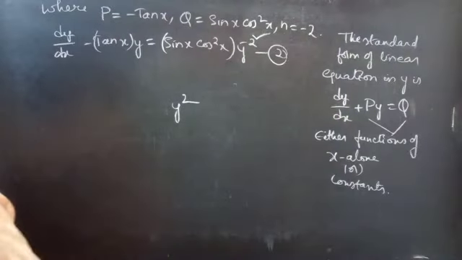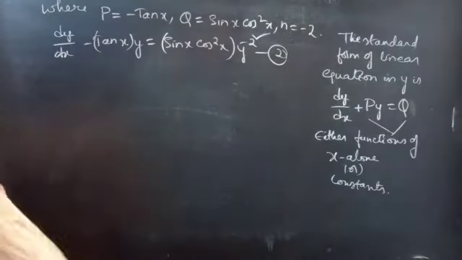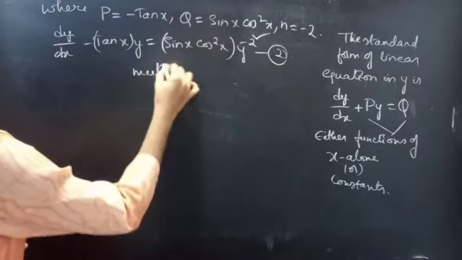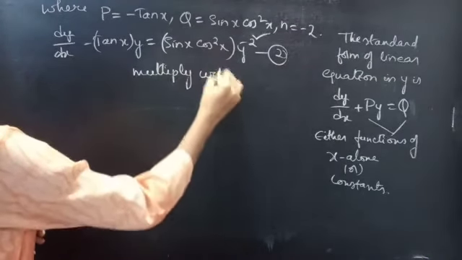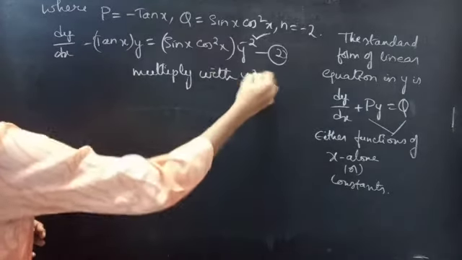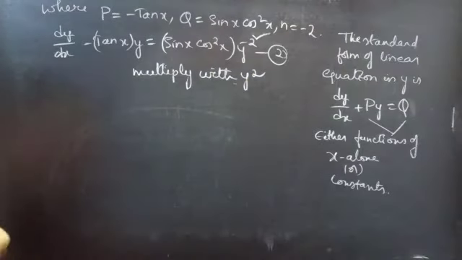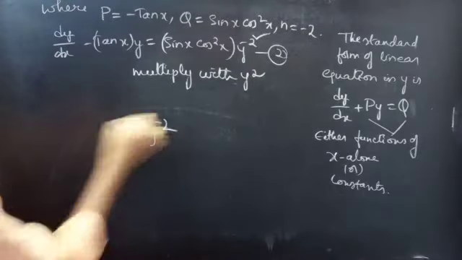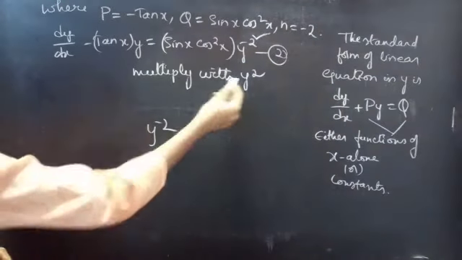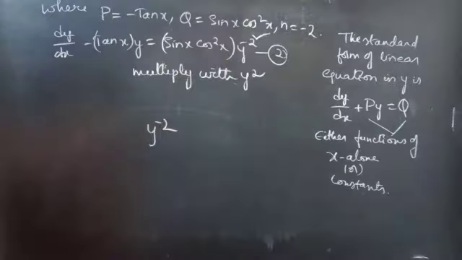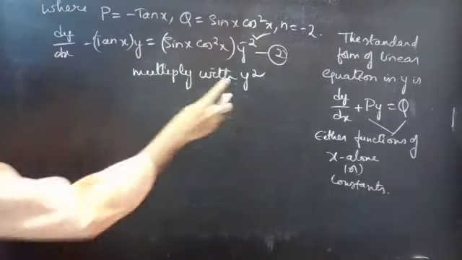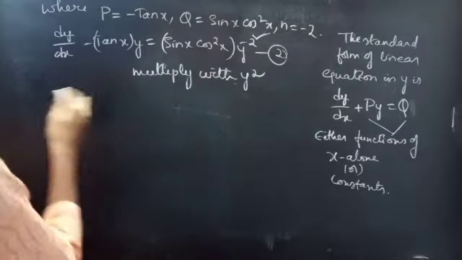So let's multiply equation 2 with y square. Either we divide the whole equation by y power minus 2, or we multiply with y square. So now we are going to multiply the above equation with y square.